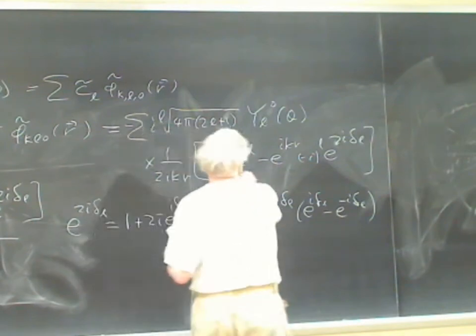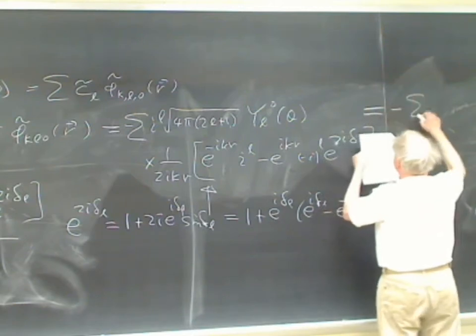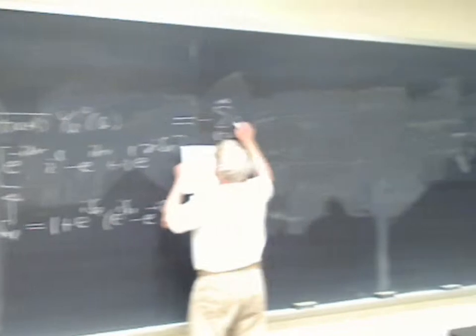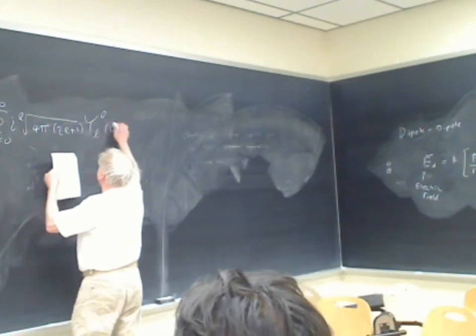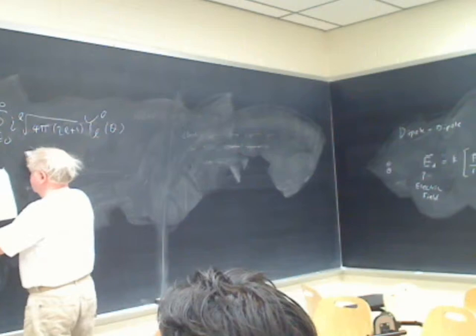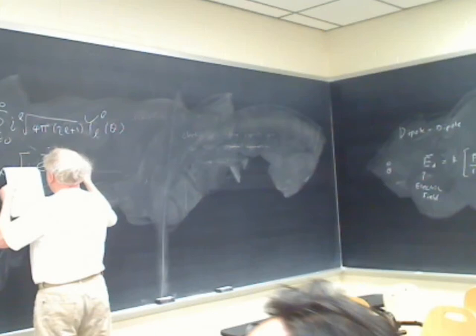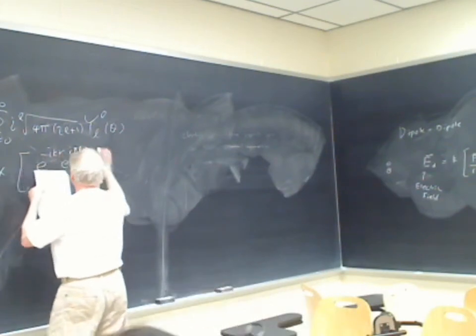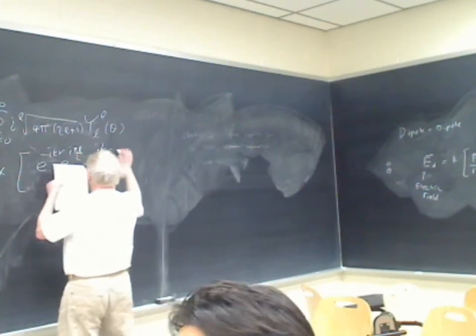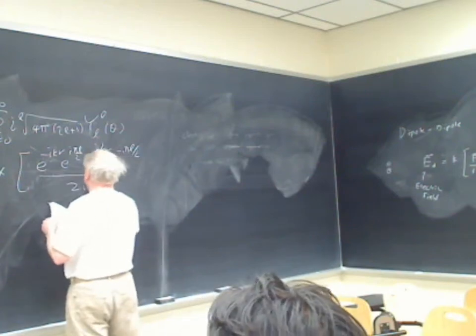So when we substitute this in here, this thing becomes minus the sum L equals 0 to infinity I to the L square root of 4 pi (2L plus 1) YL0 of theta, and then times e to the minus I kr e to the I pi L over 2 minus e to the I kr e to the minus I pi L over 2, over 2I kr.